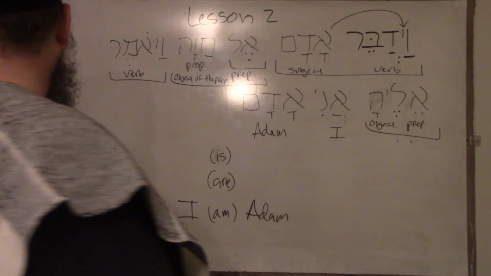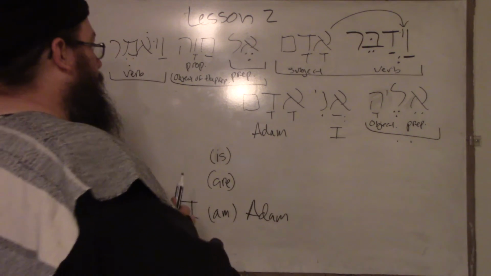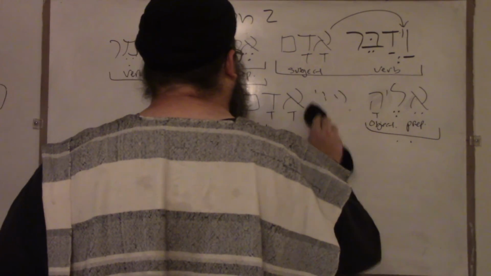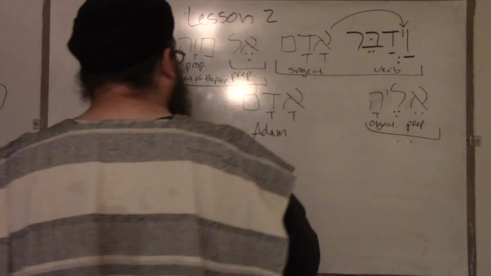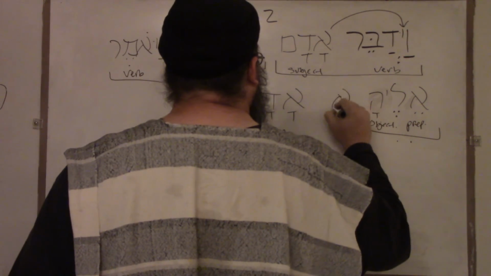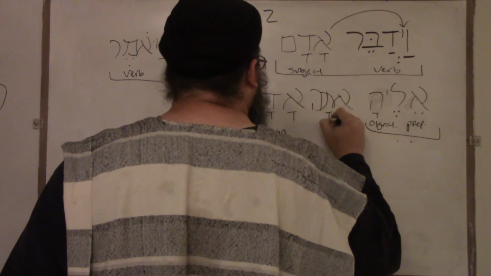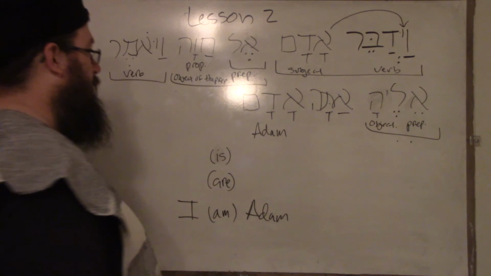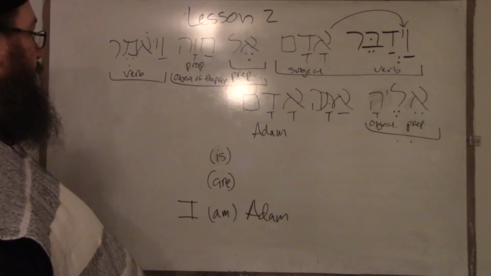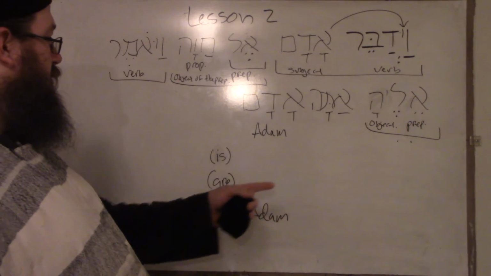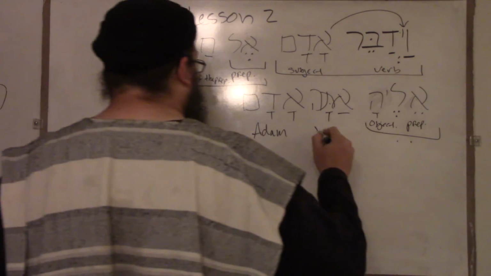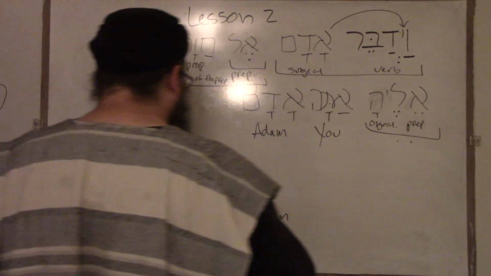If you were to change this noun from ani, and let's say it was ata, then you would say what? You, right? Because this is the second person.